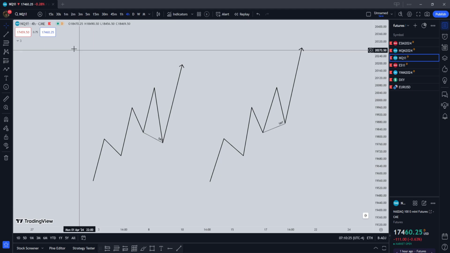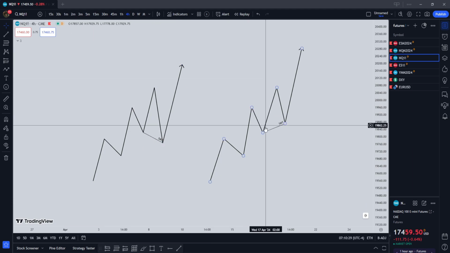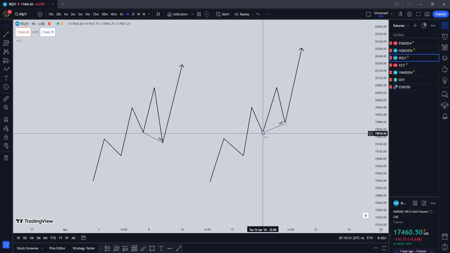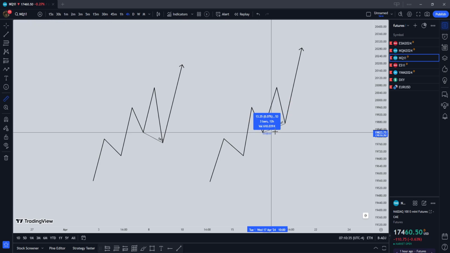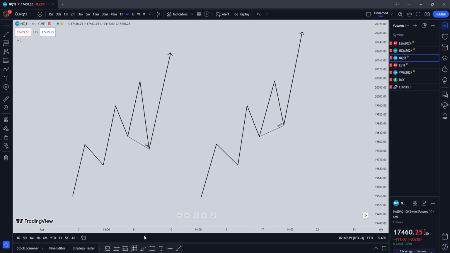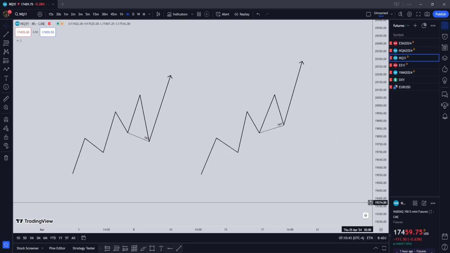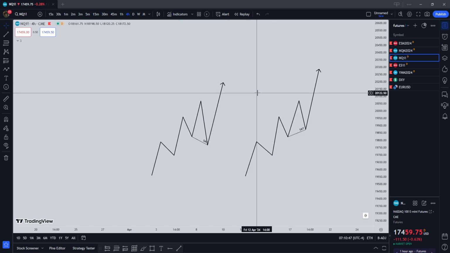As you can see, NQ makes a lower low, breaking this low, and ES didn't take that low, which is an SMT. There's a divergence in the market, which mainly says that price is going to continue going up in its direction.